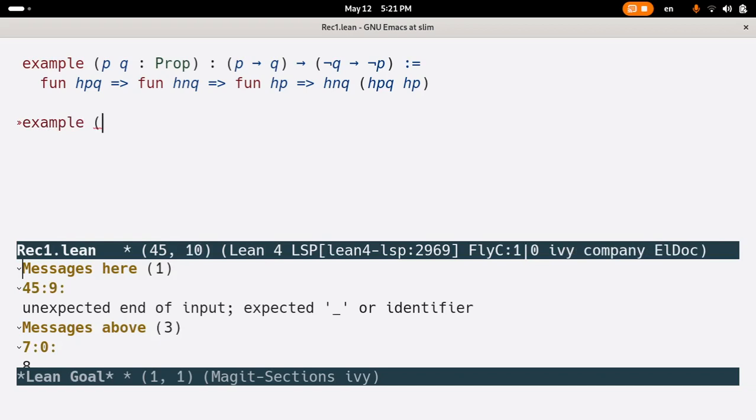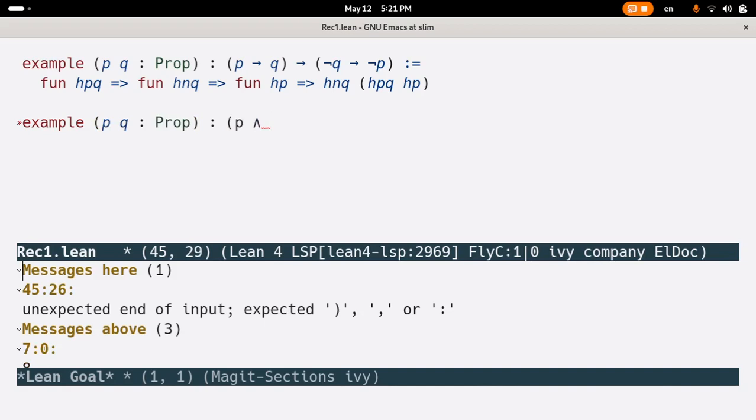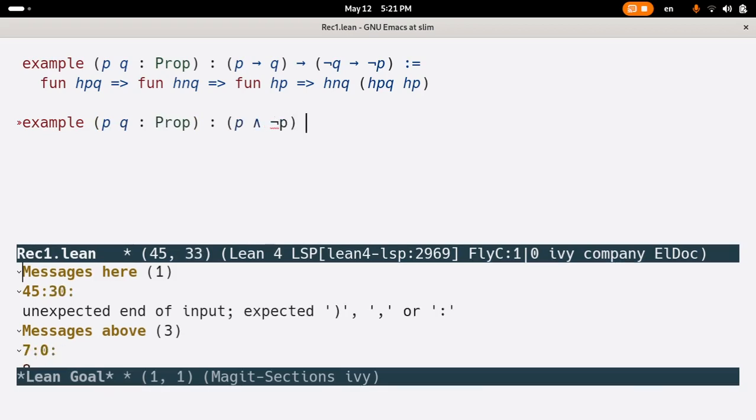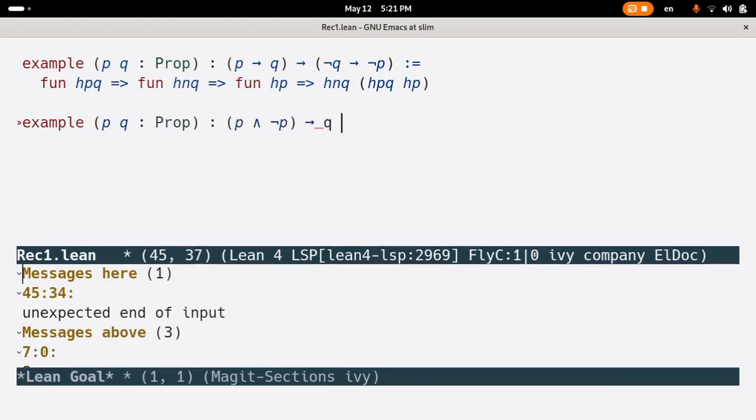Finally, just to demonstrate the elimination of false, let's say you have P and negation of P. With it, you can conclude whatever. So the idea here is to use elimination of false.